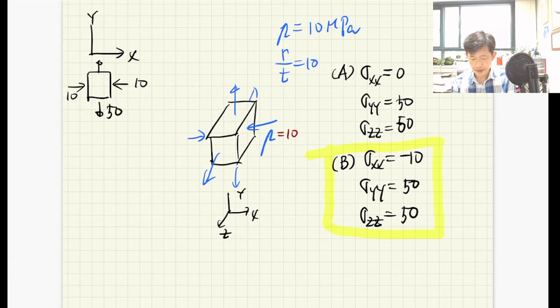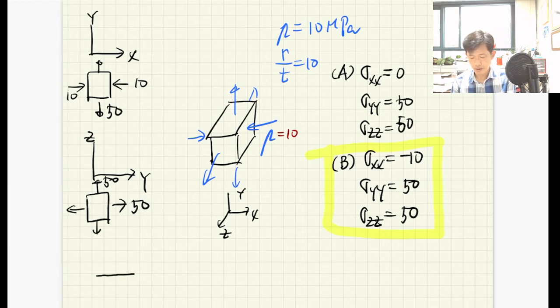And second, we want to consider what happened in the YZ plane. In the YZ plane, sigma Y is 50, and Z is 50. This is a biaxial condition. Okay? And then let's check what's happening in the ZX direction.